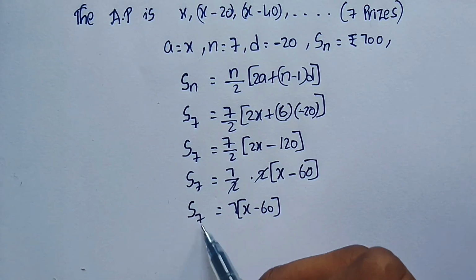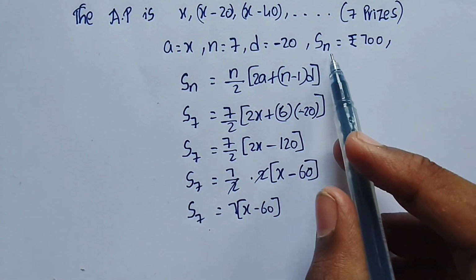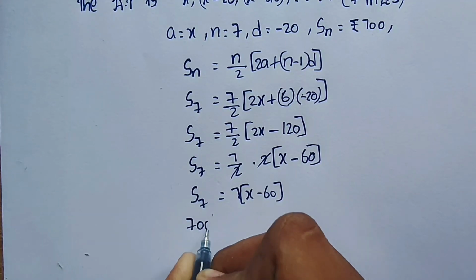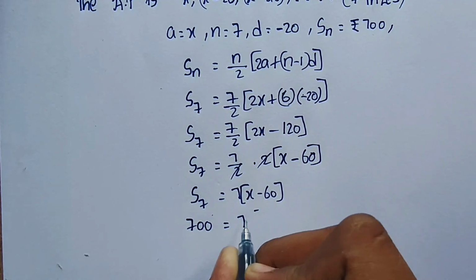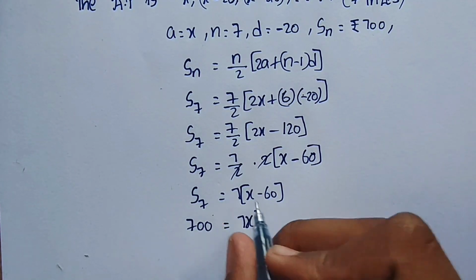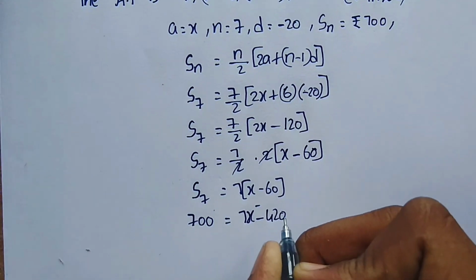In the question, he already gave the sum of 7 prizes, that is 700, which is equal to 7x minus 7 sixes, which is 420.